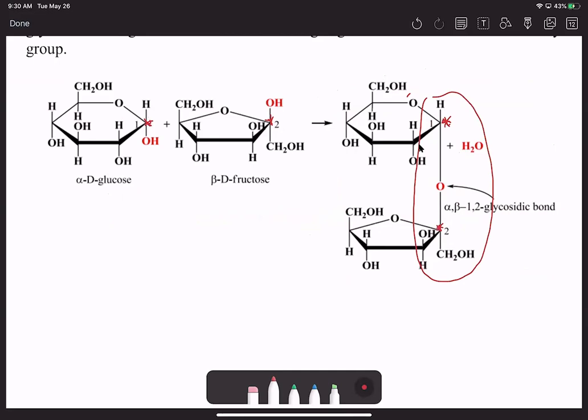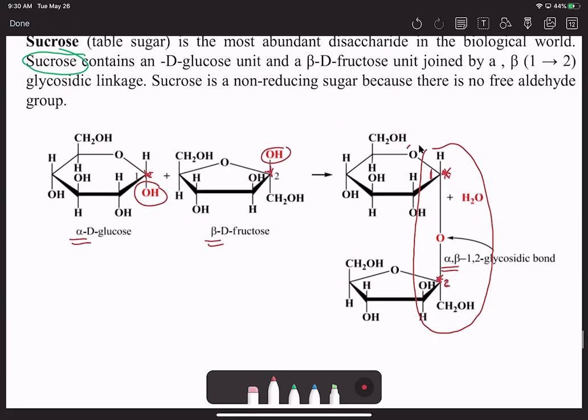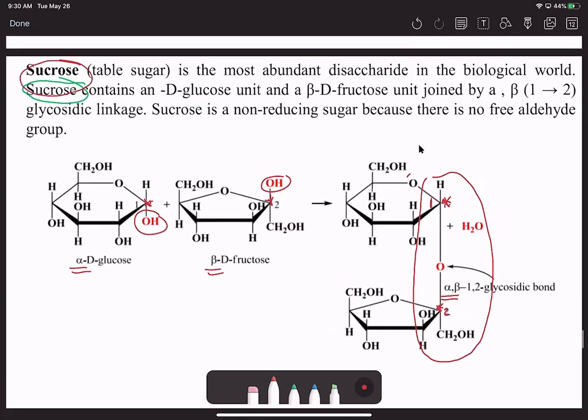Alpha, beta, and we use both of them in that glycosidic bond, bonded from carbon number 1 and bonded to carbon number 2. Because both of these anomers are involved in that glycosidic bond, this is why sucrose is not a reducing sugar. Sucrose is not a reducing sugar.